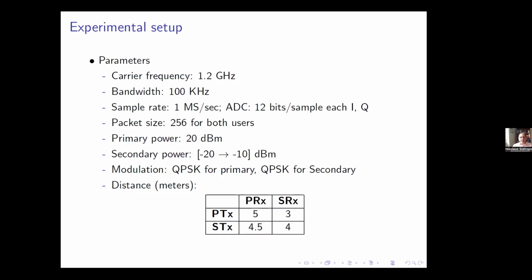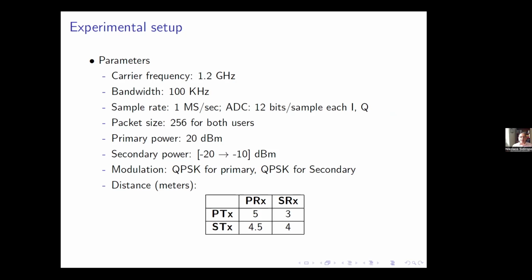And so here are the parameters of our prototype. The carrier frequency that we used was 1.2 gigahertz, 100 kilohertz bandwidth, 1 megasample per second sampling rate, 12 bits analog to digital conversion per in-phase and quadrature channel, and some other details. I will not spend too much time on those. It's important to note that the primary link transmits at 20 dBm, so it's 20 milliwatts.